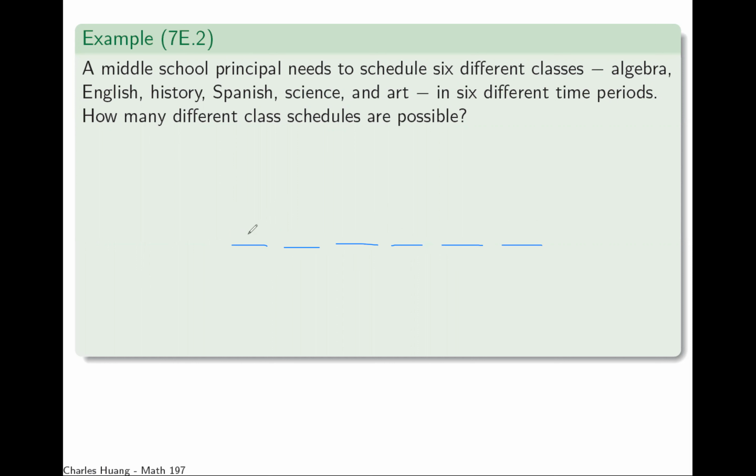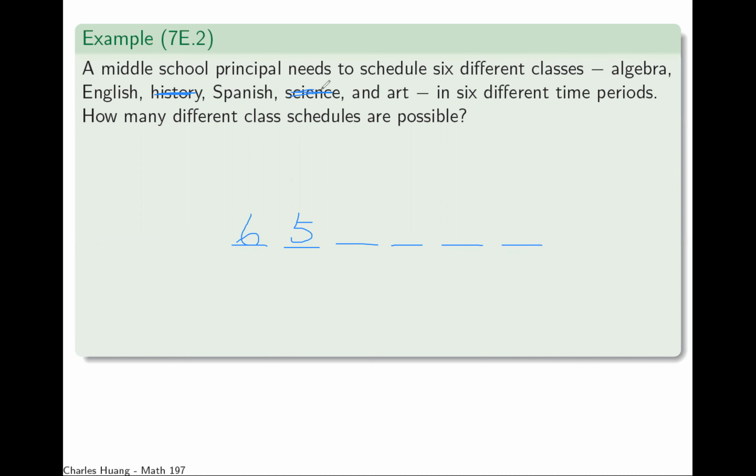At the very beginning of the day, we can go to any one of these 6 classes. So we have 6 different choices for the first class. And perhaps I have history first, then I only have 5 different choices for my second period class.